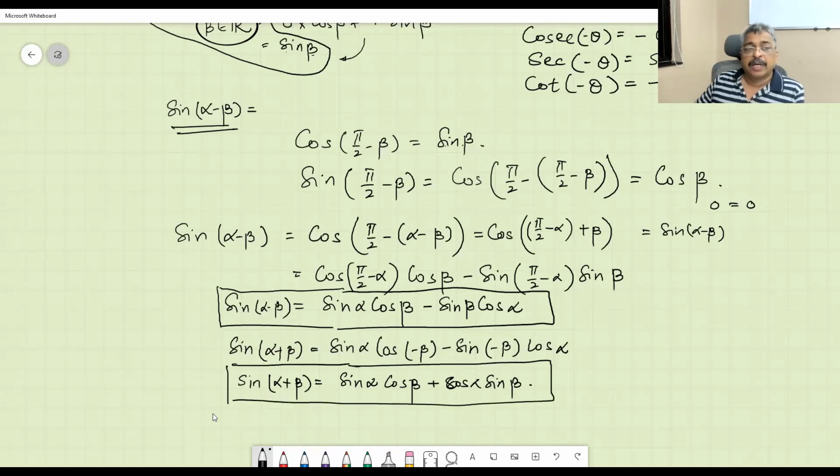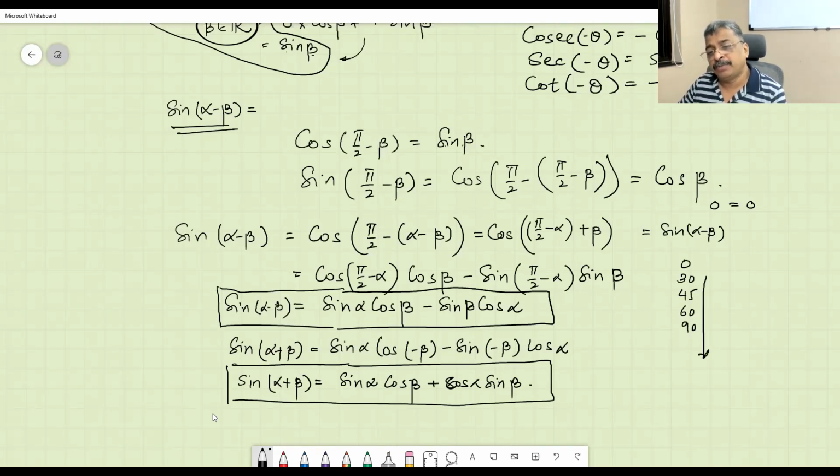Using this, any good angle, friendly angles. So earlier we had only 0, 30, 45, 60, 90 and so on. Only multiples of these were friendly angles.